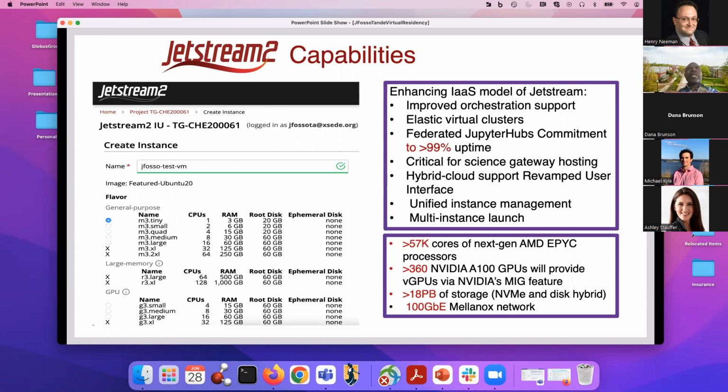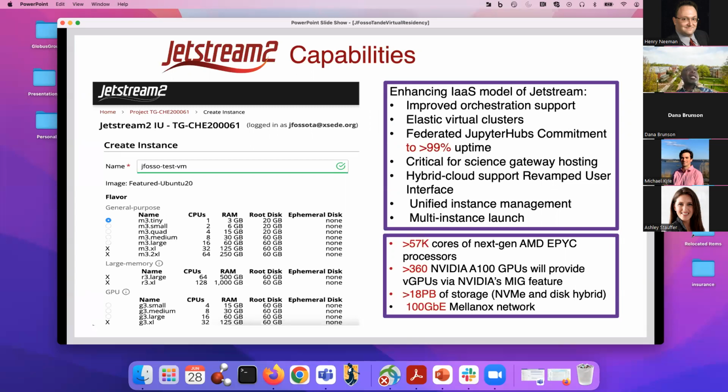There are no ephemeral disks as you would have with other cloud providers. I could choose one of these, and I think this is pretty generous given how many SUs you have. You can really do some good work with this.